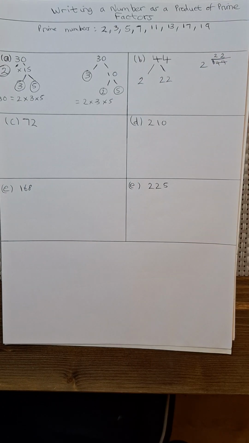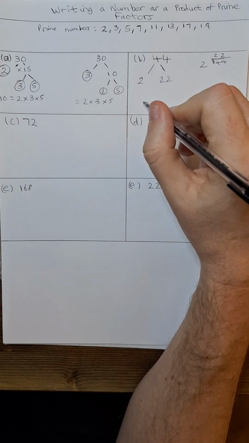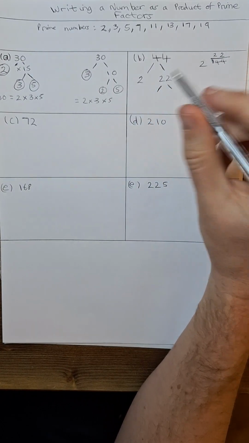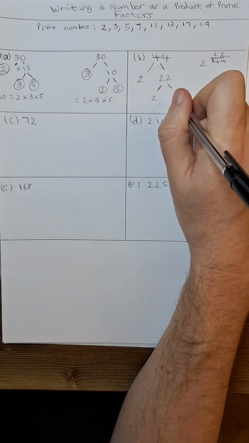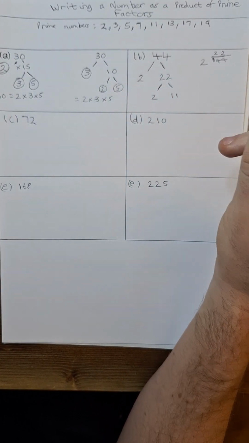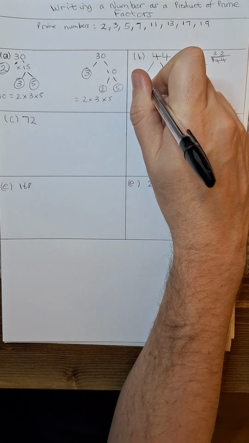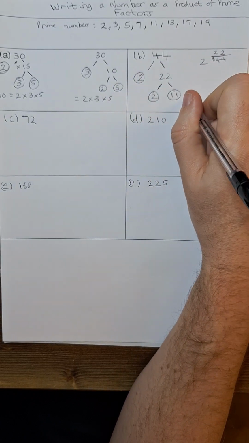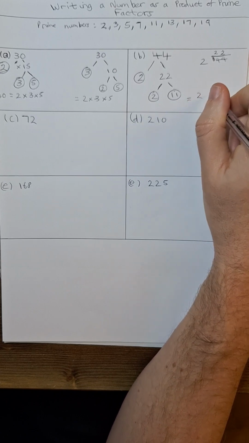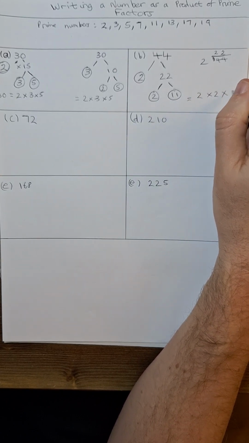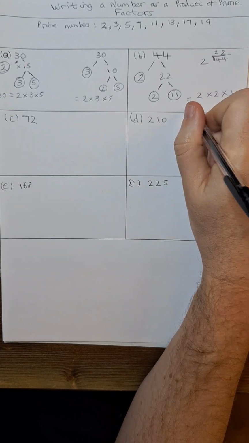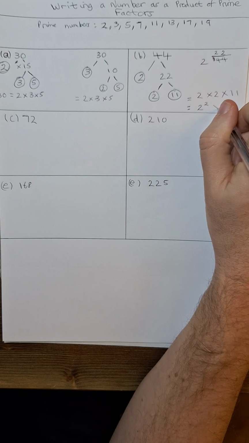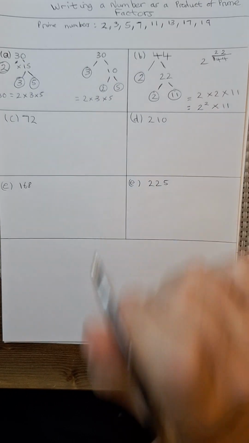Okay. So again, because it's an even number, I can divide by 2. So 2 times 11 is 22, and we have prime, prime, and prime. So 44 equals 2 times 2 times 11, or simplified equals 2 squared times 11.